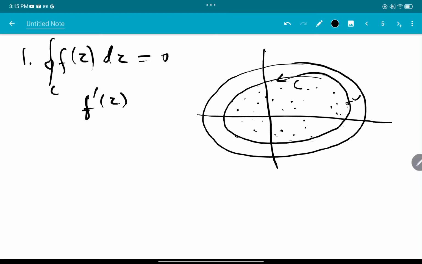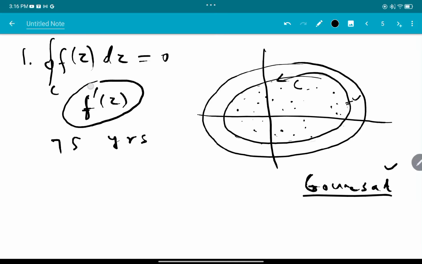But after 75 years, exactly around 75 years after Cauchy's statement, there was a mathematician, his name was perhaps Goursat. The T is silent, so it is Goursat. He said that this is not needed to be stated as a condition for this to be true.